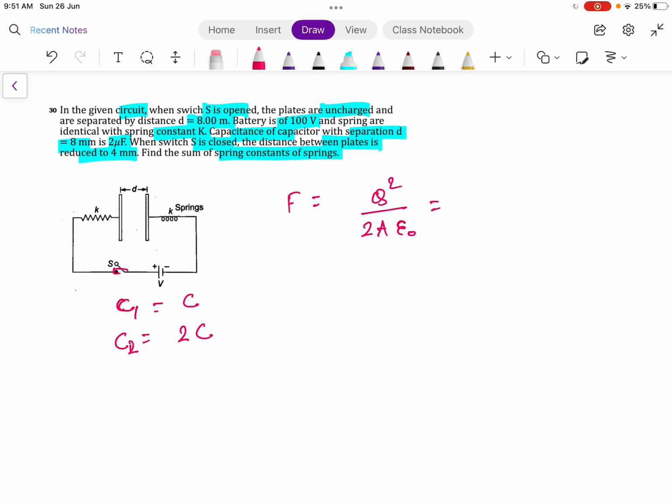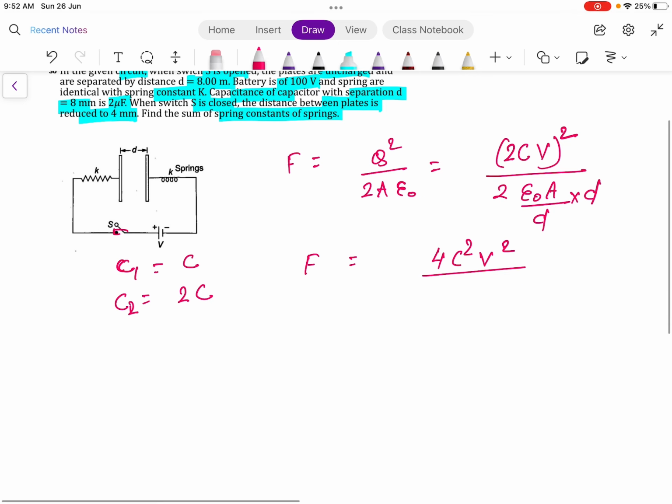Okay. So now I am finding the force acting between the plates after closing the switch. So here, Q is equal to 2C into V, whole square, divided by 2 epsilon naught A, and we can divide by D and multiply with D. So F is nothing but 4C square V square by 2.